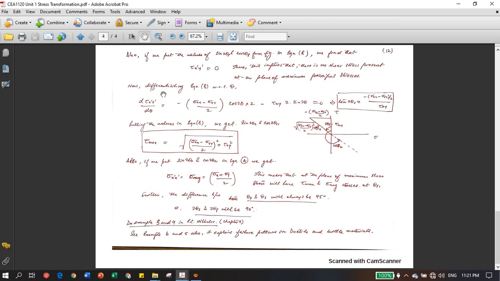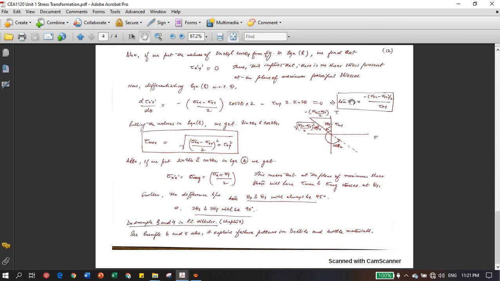Okay, so after this, now we'll calculate the maximum amount of shear stress acting at any plane. So we have to know that plane angle, so just differentiate with respect to d theta. What we get is 2 theta s.